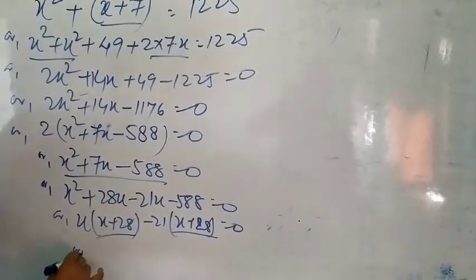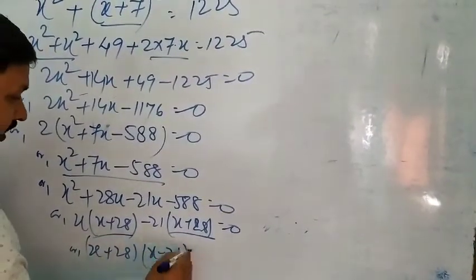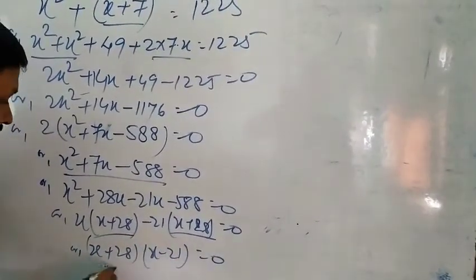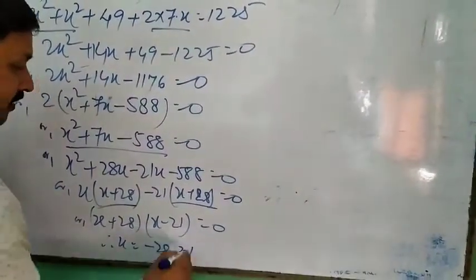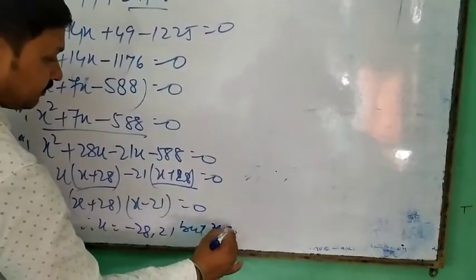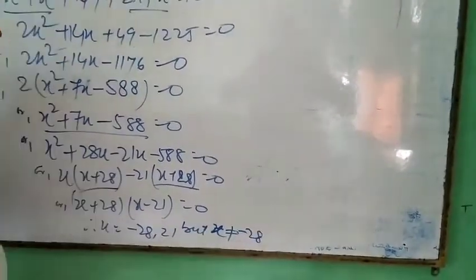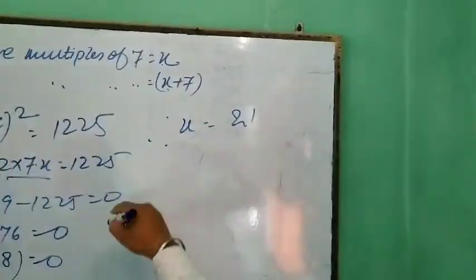So the common term is x plus 28, and the other is x minus 21, equal to 0. So x equals minus 28 or plus 21. But x is not equal to minus 28, so x equals 21.